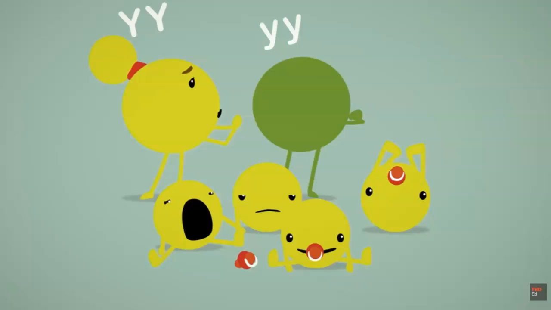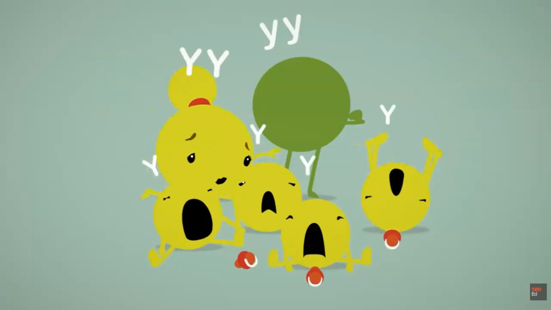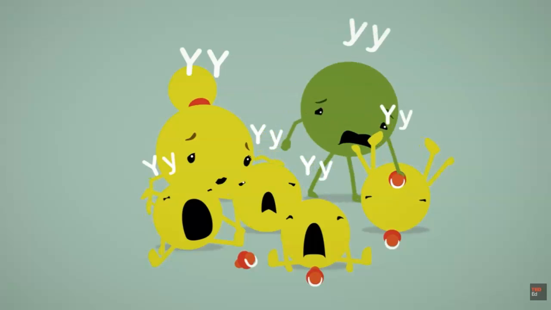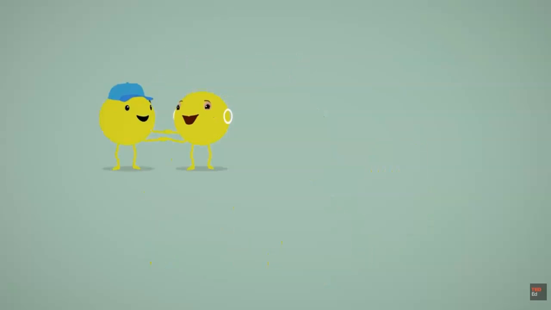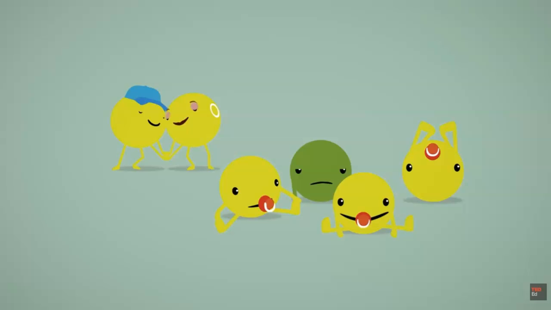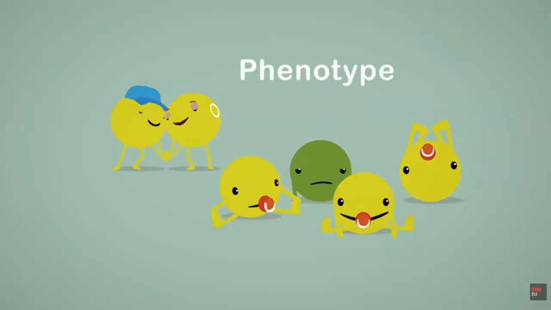In Mendel's first generation, the yellow homozygous P mom will give each P kid a yellow dominant allele, and the green homozygous P dad will give a green recessive allele. So all the P kids will be yellow heterozygous. Then, in the second generation, when the two heterozygous kids marry, their babies will have all three possible genotypes, showing the two possible phenotypes in a 3-to-1 proportion.